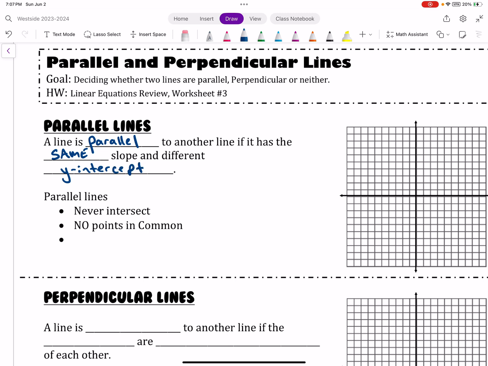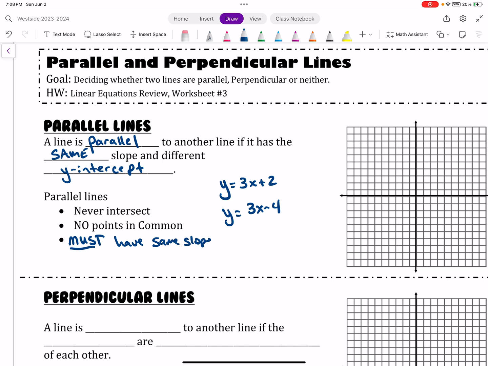If the slope is the exact same, but the y-intercept is different, these would be considered parallel lines. This would be something like y equals 3x plus 2 and y equals 3x minus 4. Parallel lines would never intersect. They would have no points in common, and they must have the same slope.